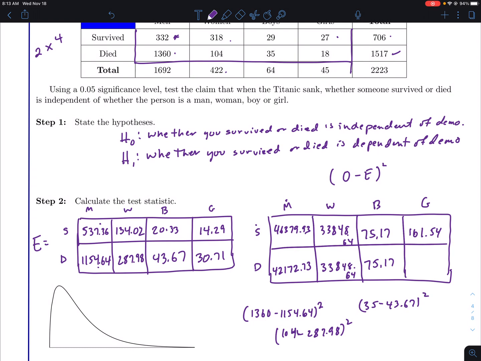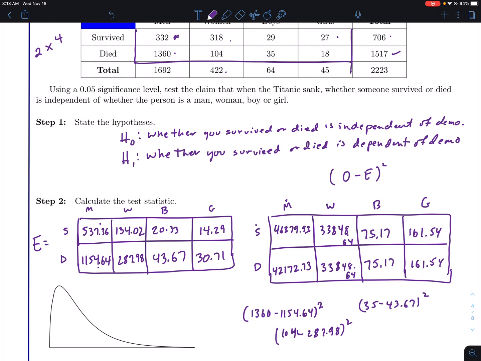And then finally the girls, we're going to get 18 minus 30.71, whoops, all squared. So 161.54. All right, so that gives us all of our O minus E values that we need.